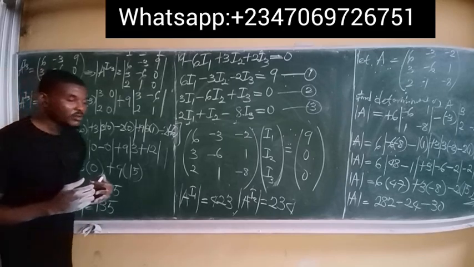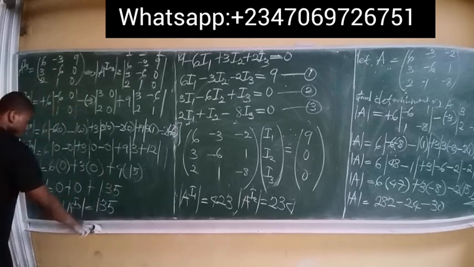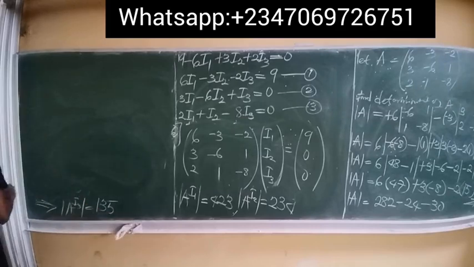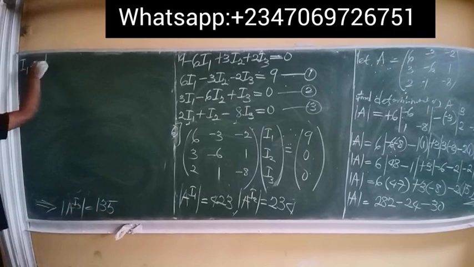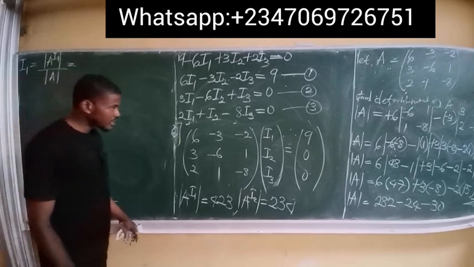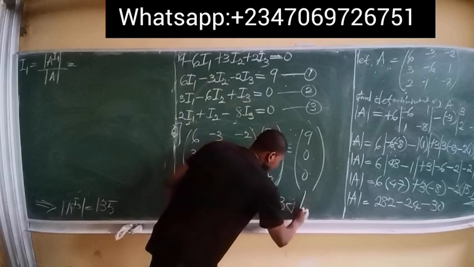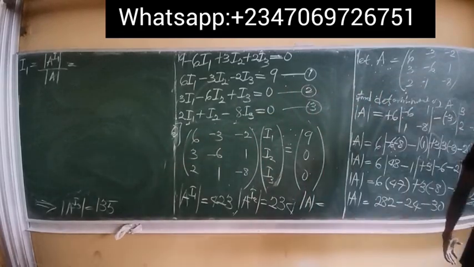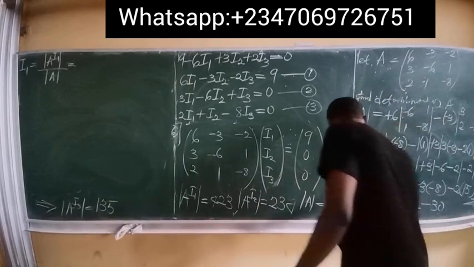Now to obtain the values of these currents, let's do it over here. So to obtain I1, the first current, it is simply the determinant of AI1 all over the determinant of A, and not forgetting, the determinant of A actually gave us 228, right? Yeah, 228. Okay.